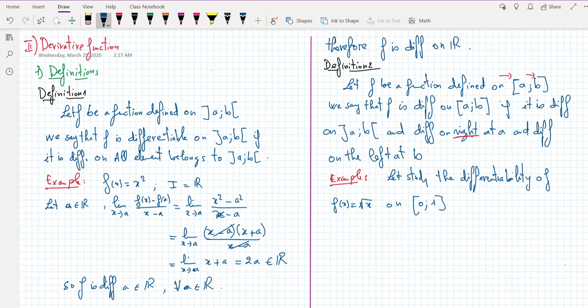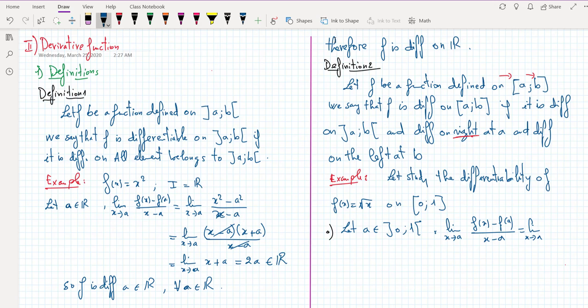In order to study it, we need first of all to study the differentiability on 0, 1 open. So let's take an element A belonging to 0, 1 open. The same, we need to calculate the limit when x tends to a of f(x) minus f(a) over x minus a, and this limit should be a finite limit. It should be a number that belongs to R.